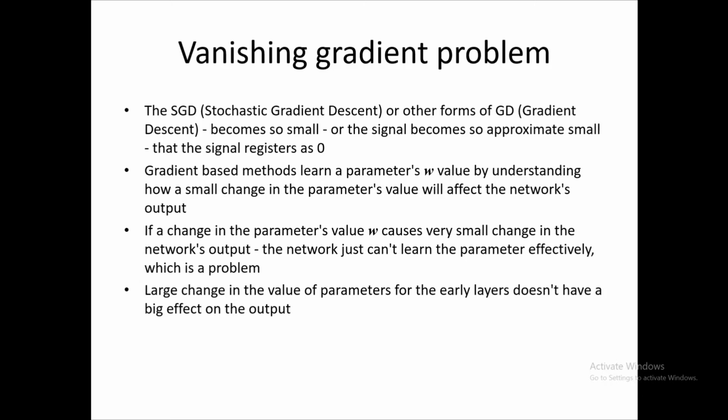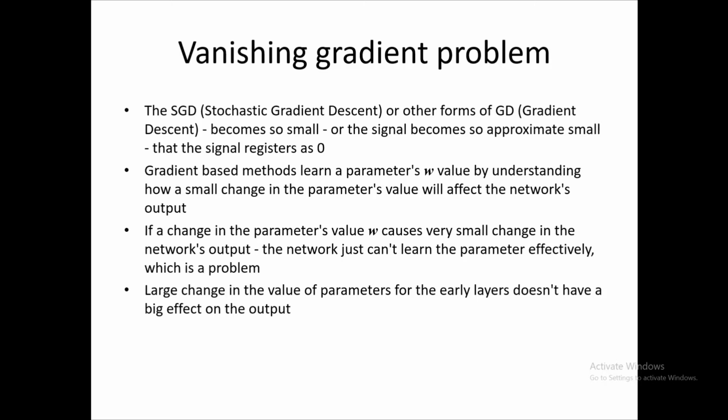Gradient-based methods learn the parameters w by understanding how a small change in the parameter's value will affect the network's output. If a change in w causes a very small change in the network's output, the network cannot learn the parameter effectively, and that creates the problem.